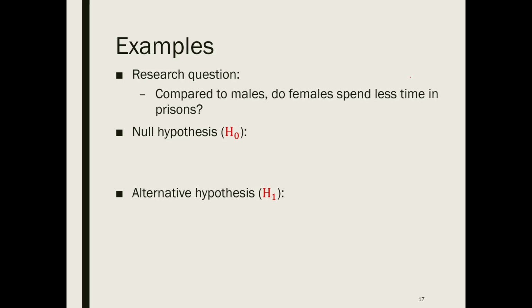Compared to males, do females spend less time in prison? Now, first of all, you have to know what the variables are here. One variable is gender, male or female, and another variable is the time in prison, or the length of incarceration. Those are the two, right? So the null hypothesis always says there is no relationship between gender and prison.